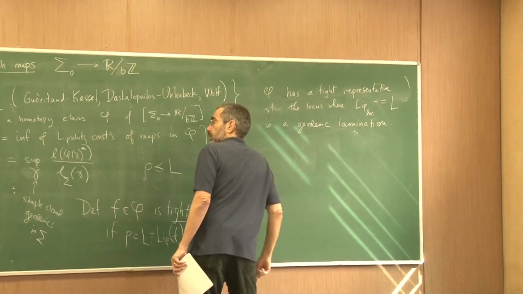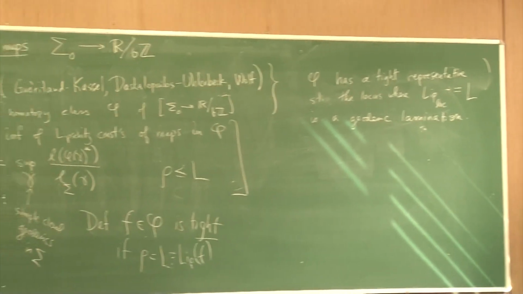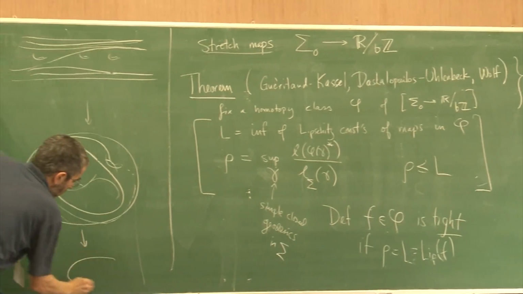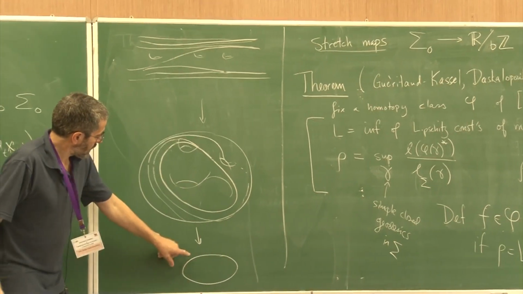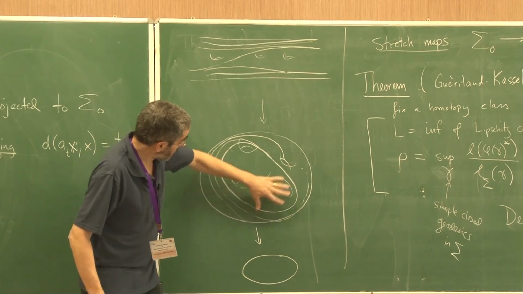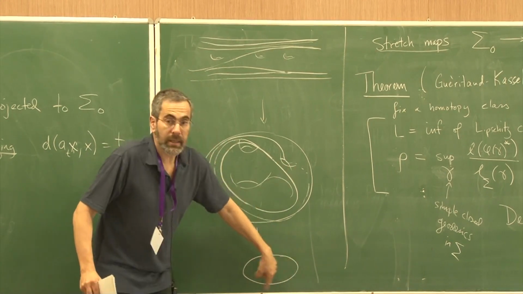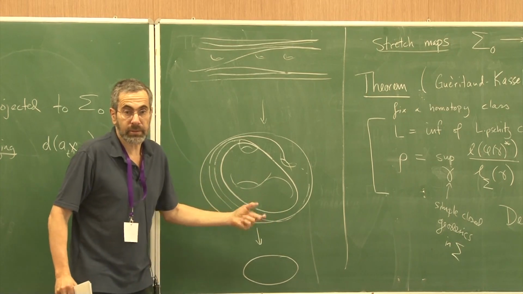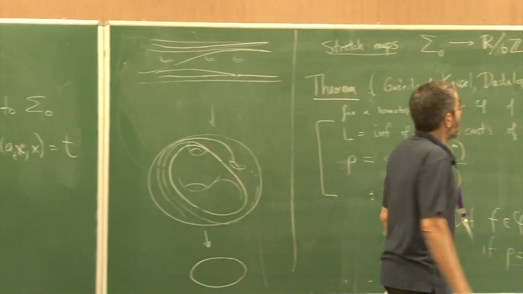So in our picture here, there's a map of our surface to a circle so that the lines of this lamination, of some lamination, are mapped, well, not asymmetrically, with constant expansion to the circle.